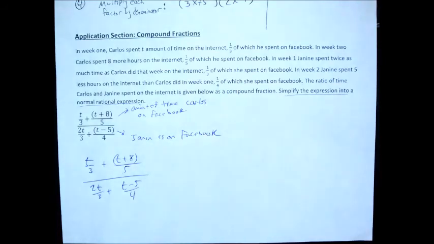So 5, no. 10, no. 15, no. 20, 4 goes into 20, but 3 doesn't. 25, no. 30, 3 goes into 30, but 4 doesn't. 35, no. 40, 4 goes in, not 3. 45, no. 60 is the common denominator between all those.